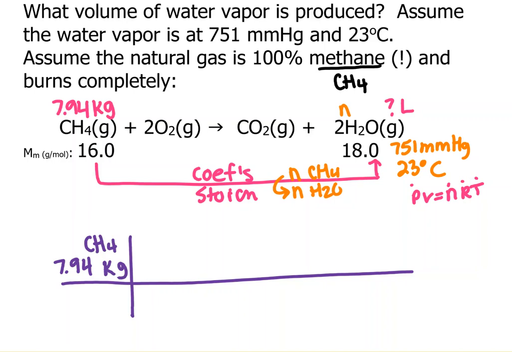I need to get to moles, and so I'll be using the molar mass to get to moles, like you always do in chemistry. Go to moles, and then you can use the coefficients to go to a different substance.